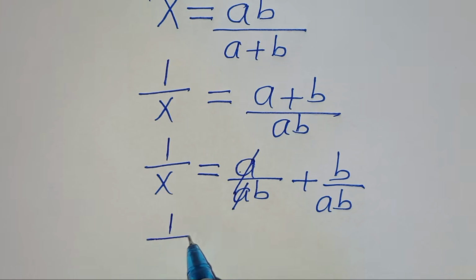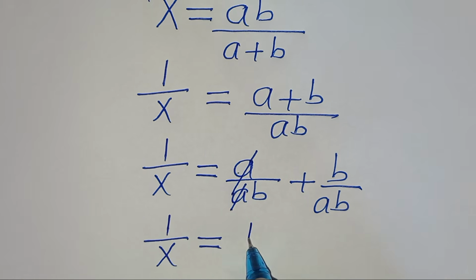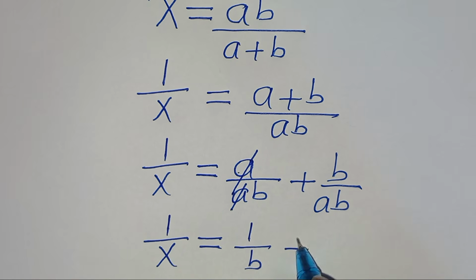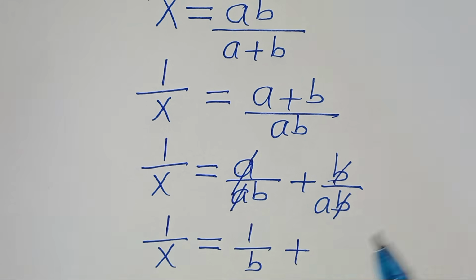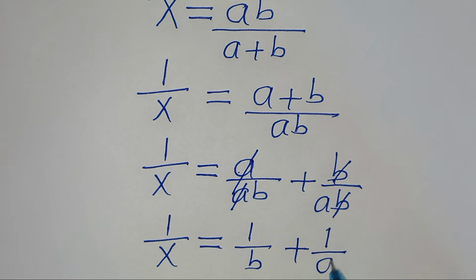So we have 1 over x equal to 1 over B, plus B and B here simplify, so you have 1 over A.